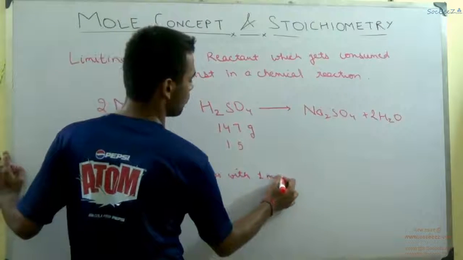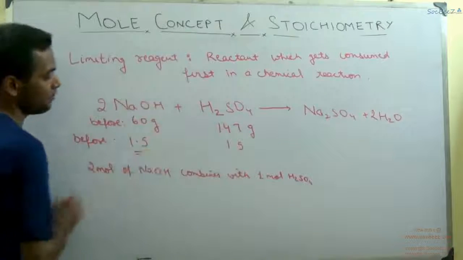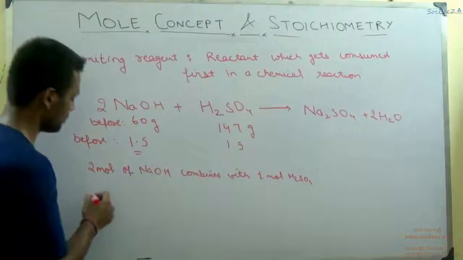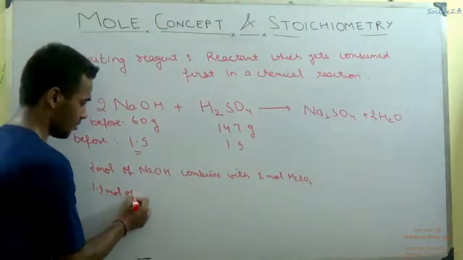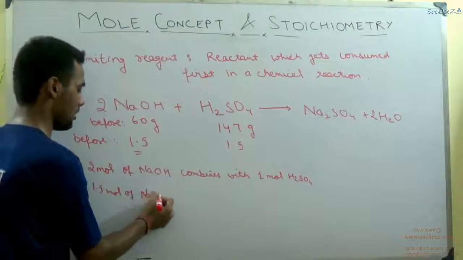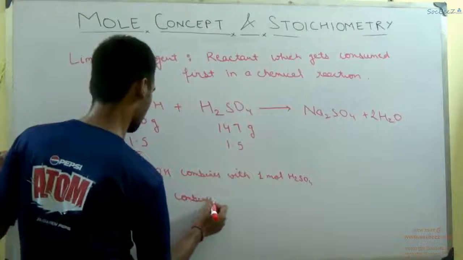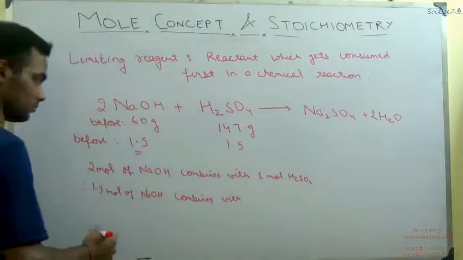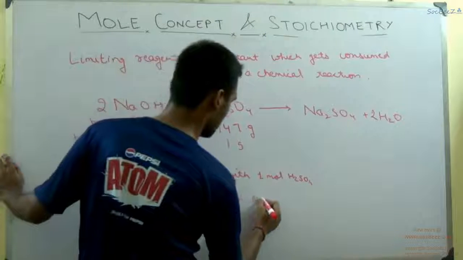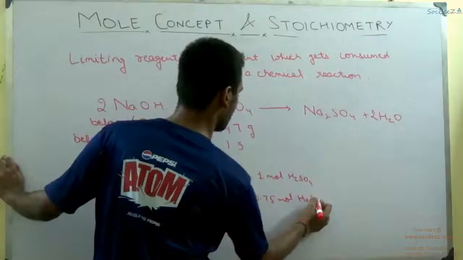Now we are given 1.5 mole of NaOH. So therefore, 1.5 mole of NaOH combines with 0.75 mole of H2SO4.